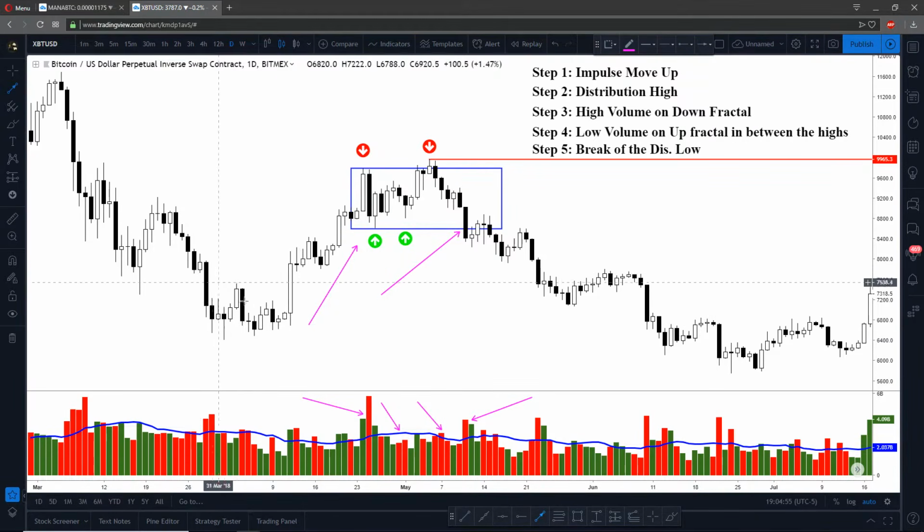You also want to look for volume, confirmed on high volume on the down fractal, lower volume on the up fractal. Then you want to see a retest of that accumulation high. If it fails that accumulation high on high volume, that's your next confirmation. And then your final confirmation is when it fails that distribution low on high volume.